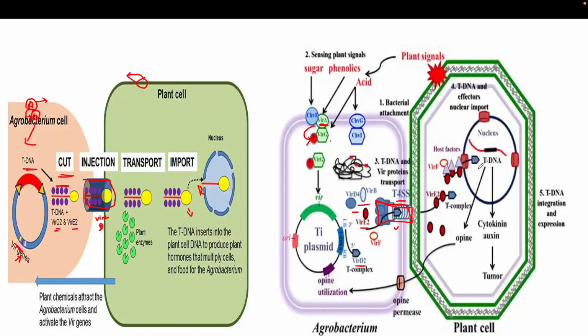After integration it will produce the cytokinin, auxin and opine genes for crown gall disease, or if you have a modified T-DNA plasmid, then it will have your target gene. At that time it will produce your target protein in the plant cell. So this is the complete mechanism of how the Ti plasmid is transferred from Agrobacterium tumefaciens to the plant cell.